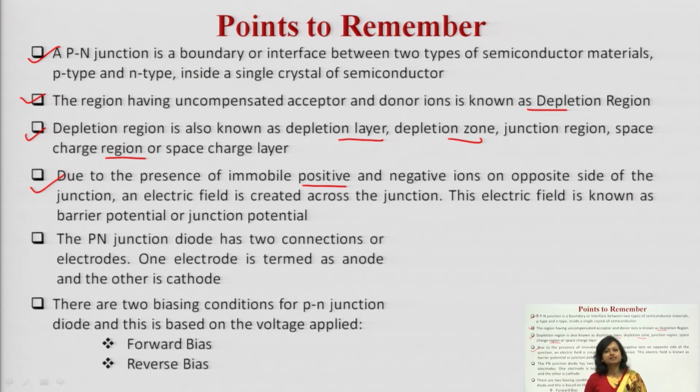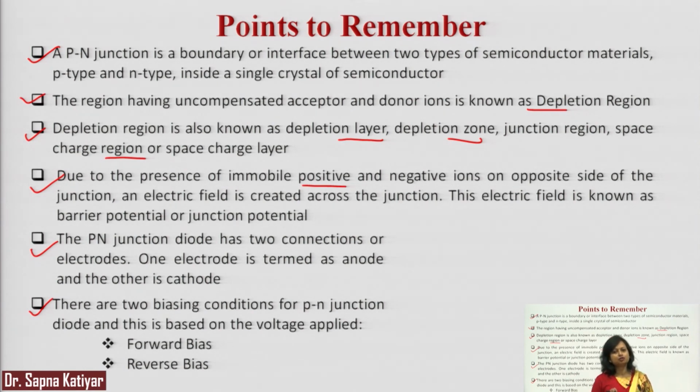Second thing, we have discussed the PN junction diode. A PN junction diode has two terminals, one is anode and the second is the cathode, and the PN junction is the basic building block for any electronic device. And there are two possible types of biasing in case of a PN junction, depending upon the manner in which the battery is connected.